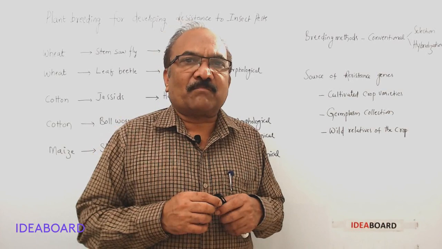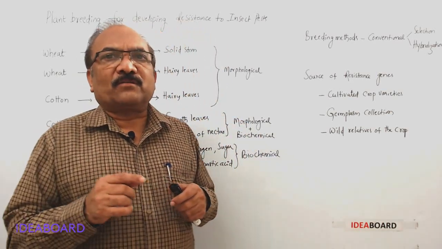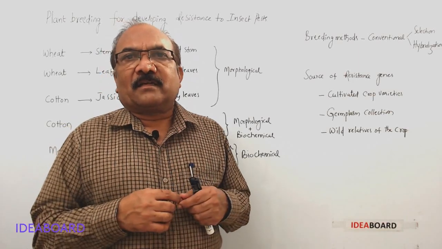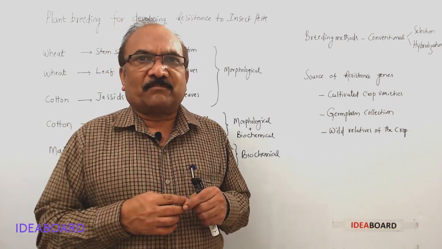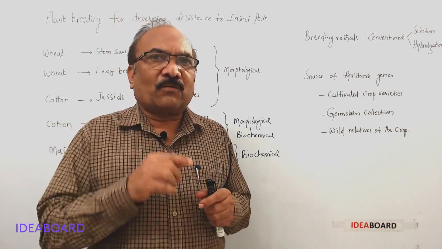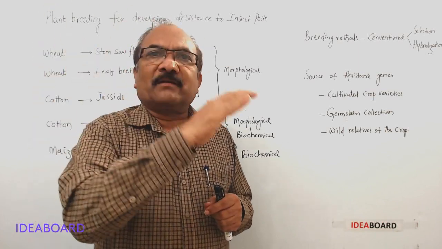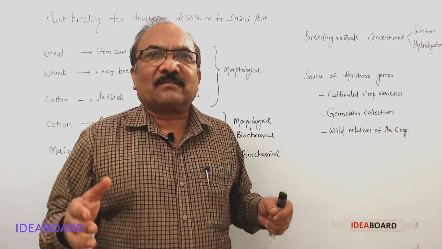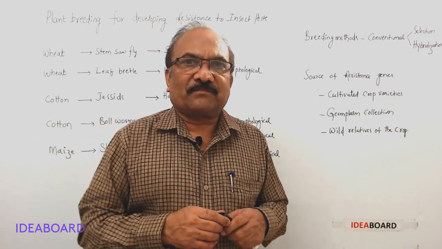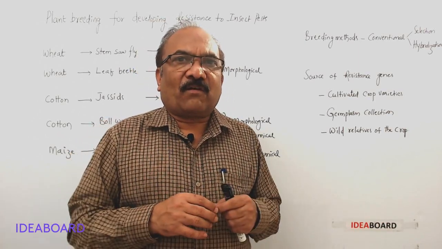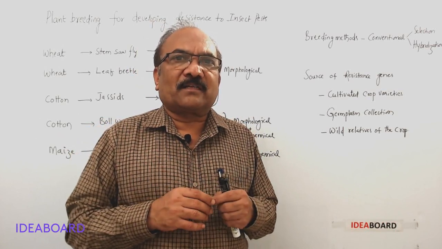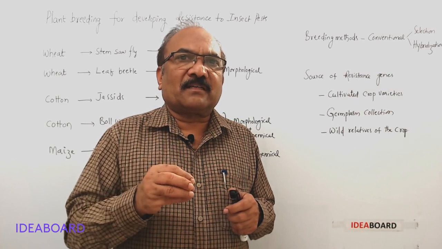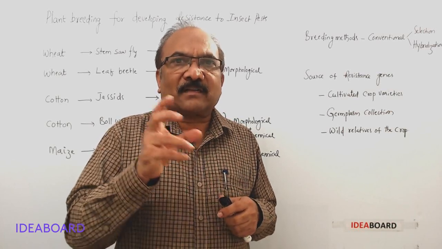Otherwise, some insects make holes in the stem, as in the case of stem borers. Whenever they make holes, the whole plant may fall down, and that causes heavy damage. What the scientists have observed is that some insects are not visiting some plants with certain characters.